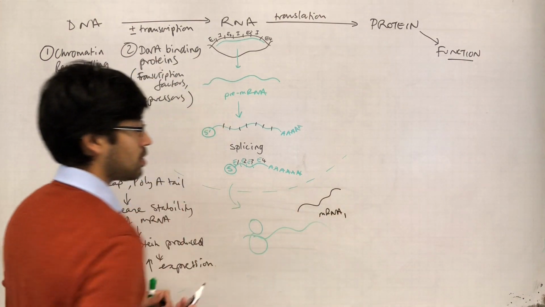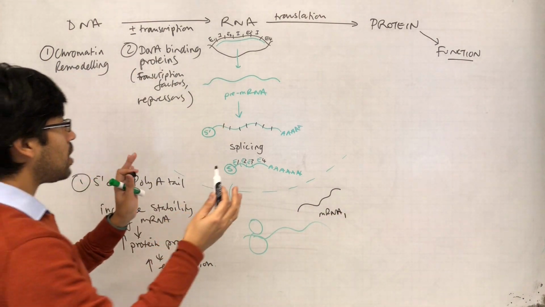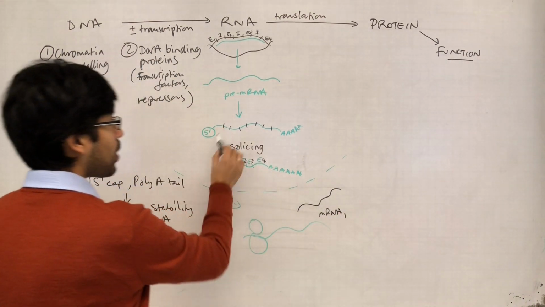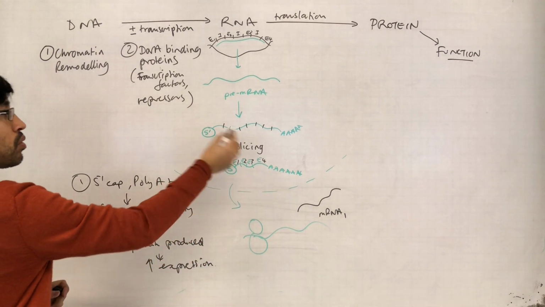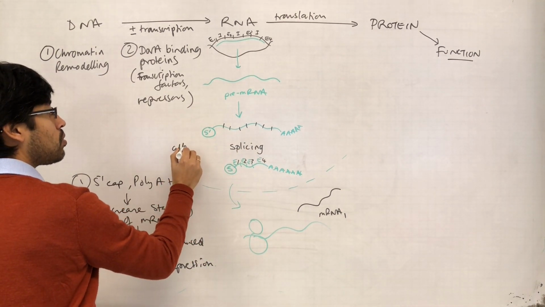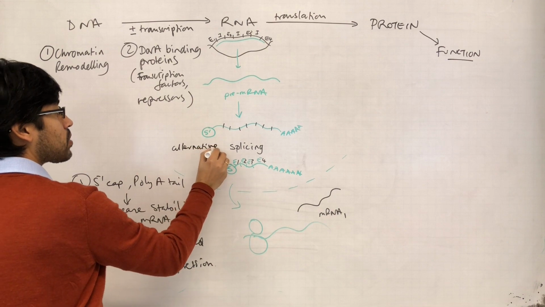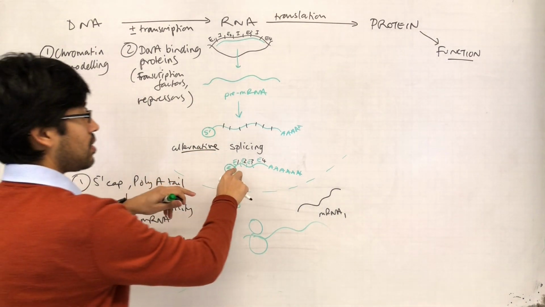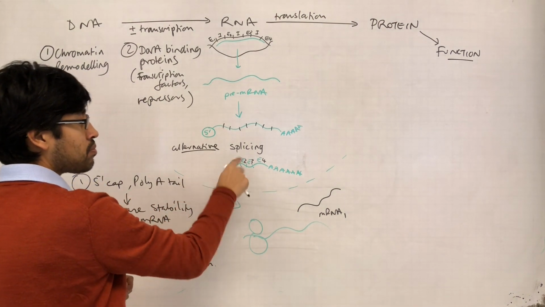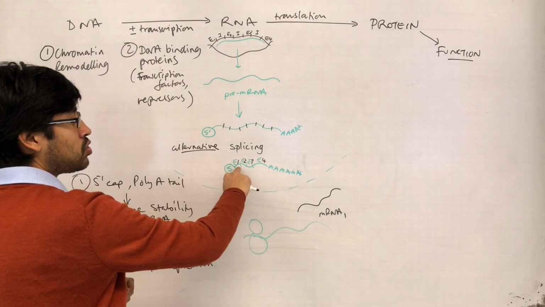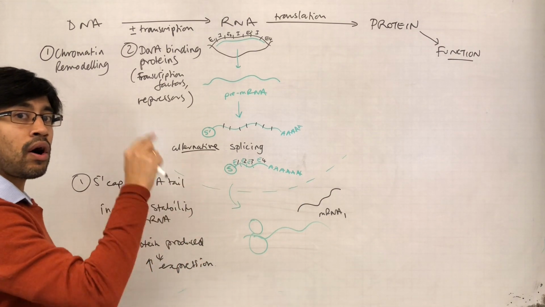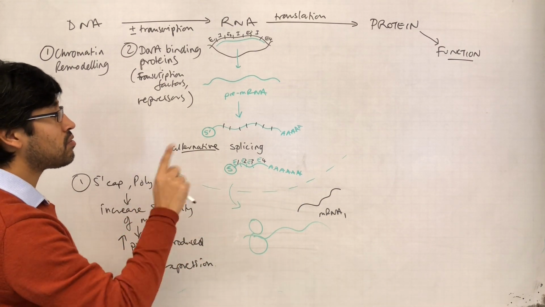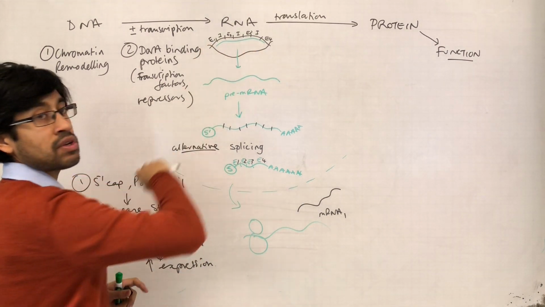mRNA 1. Great. But at this splicing stage, what could also happen is something called alternative splicing. And what that means is you can regulate this process so that you can join the exons back up in a different order to what they are in the original DNA.